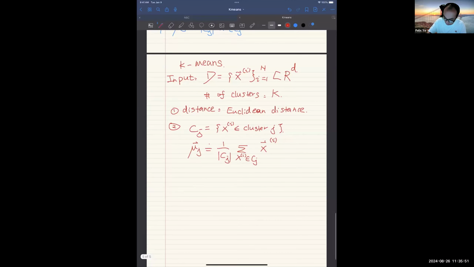I'm going to call this the centroid. You can think about this as being the mean of the cluster. So this is called the centroid of the cluster.